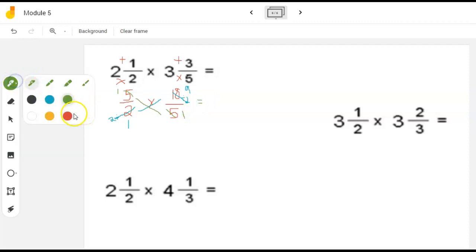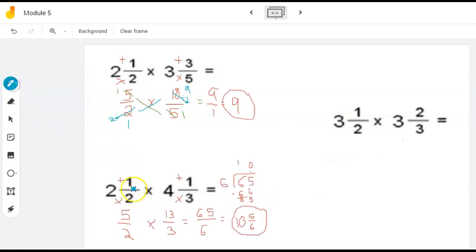And I'm going to get 9 over 1, which is the same thing as a normal 9. All right? Pause the video, try out these next two. Okay, so as you can tell, I got 5 halves times 13 thirds, got 65 over 6, and I did my division to get a mixed number, 10 and 5/6.